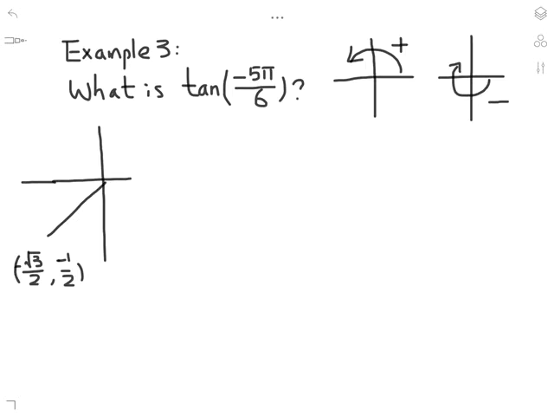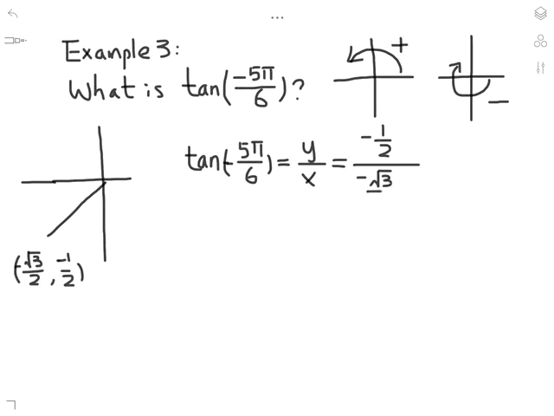So what is tangent? Tangent is defined as opposite over adjacent, or y over x. And since we have the coordinates, negative 1/2 over negative root 3 over 2.